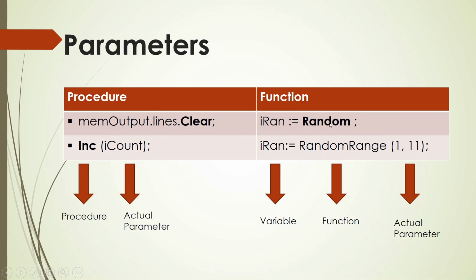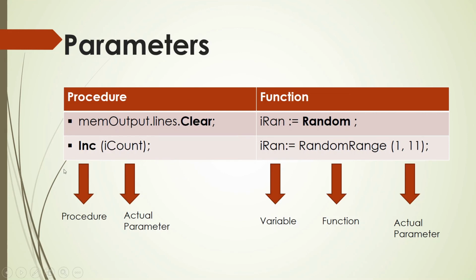In this example, random is a function, and random is going to return a floating number, and it has no parameters. So I can write a procedure or a function without any parameters.